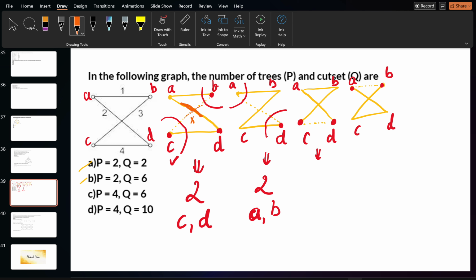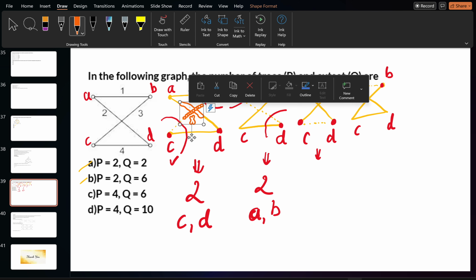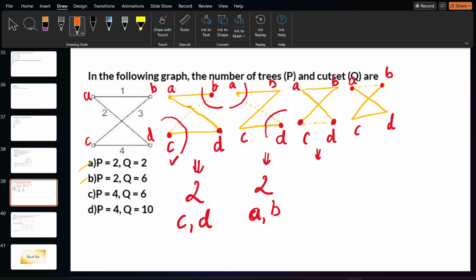So now I am moving from the node to the situation forming at a particular place. It's not possible, because if you see, actually it is possible. So let me remove that. Sorry, it is possible. Suppose I am forming a cut set here like this.